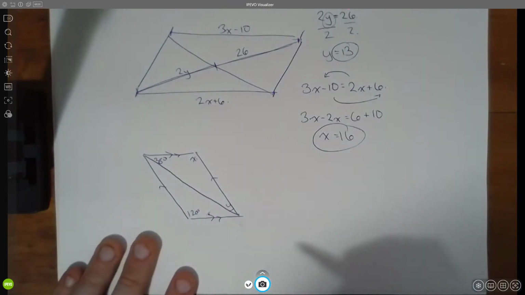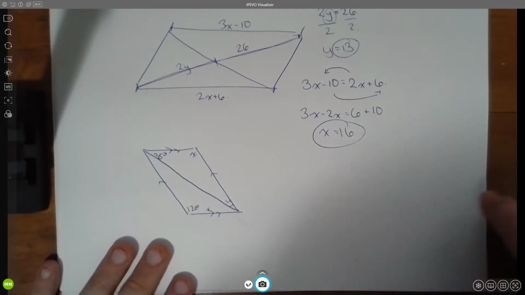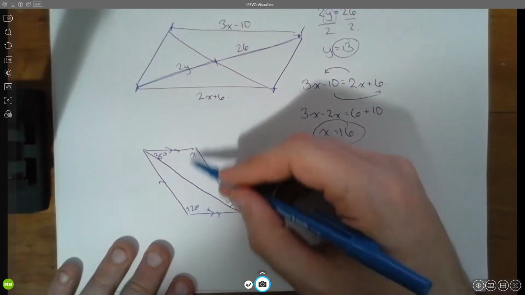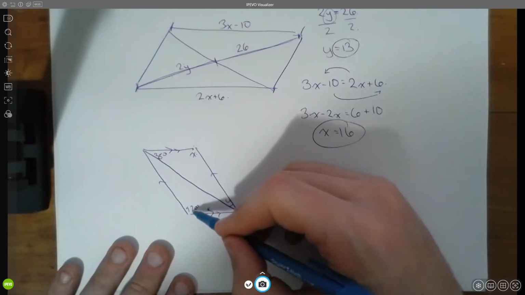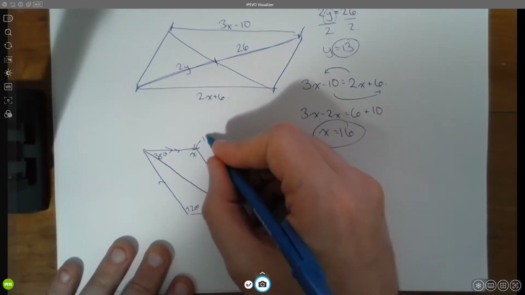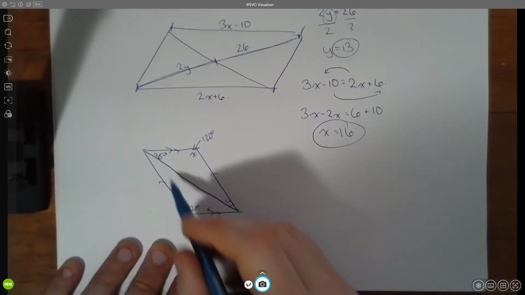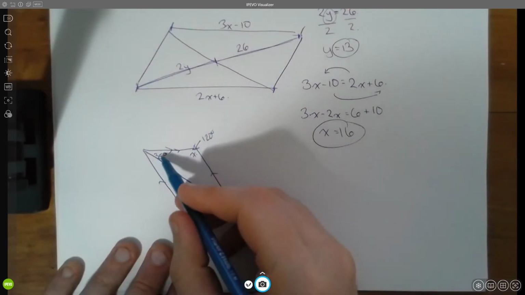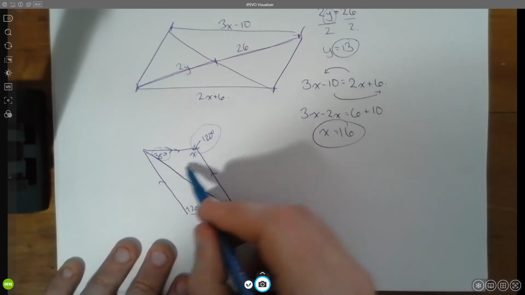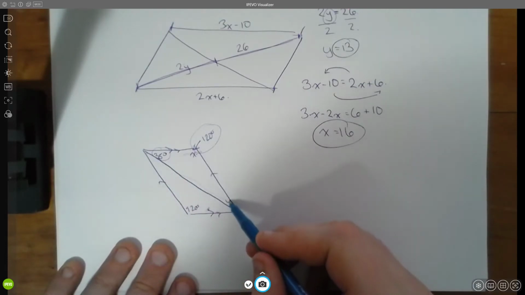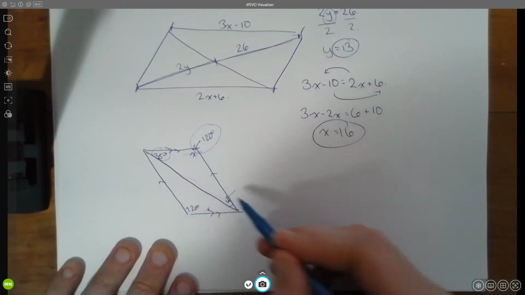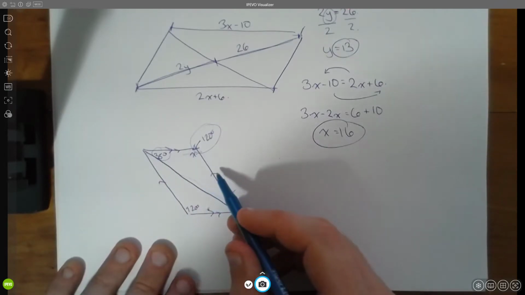Well, right off the bat, one of our properties of parallelograms is that opposite angles are equal. So if this is 120 degrees, then x must also be 120 degrees. And we also have created a bit of a triangle here. So 35 degrees and 120 degrees are these two angles. Whatever y must be has to complete the 180 degree triangle.